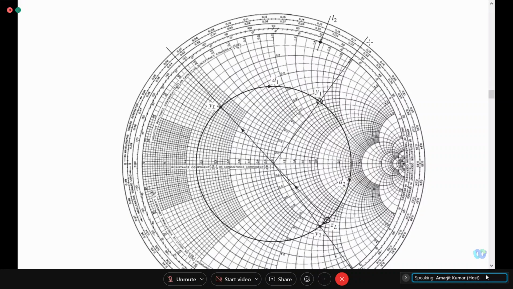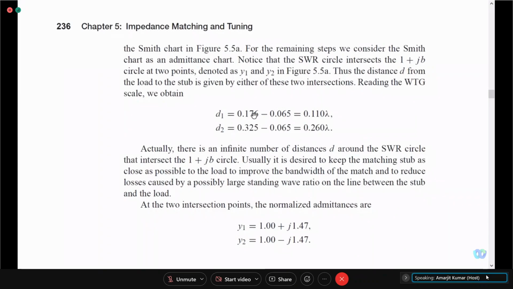So that is 0.175 minus, and for yL 0.065. So 0.175 minus 0.065 is the answer. They have taken 0.176 minus 0.065, there is no problem. I told 0.175 minus 0.065 is the answer.